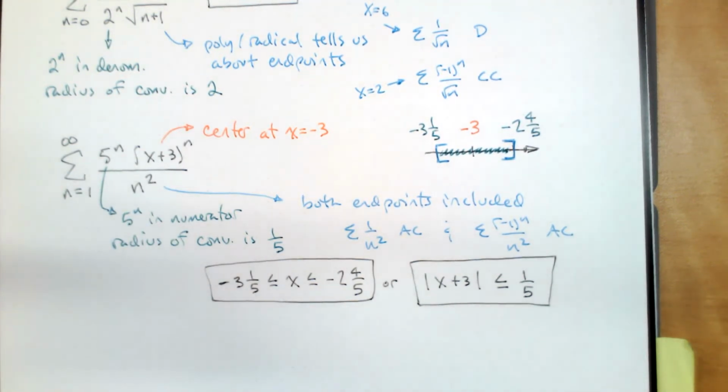In the ratio test, for the n squared in the denominator, we just have the limit as n goes to infinity of n squared over n plus 1 squared. And that limit's going to be 1, so that's not going to get us anything from the ratio test. That's the ratio test being blind to polynomial and radical factors.